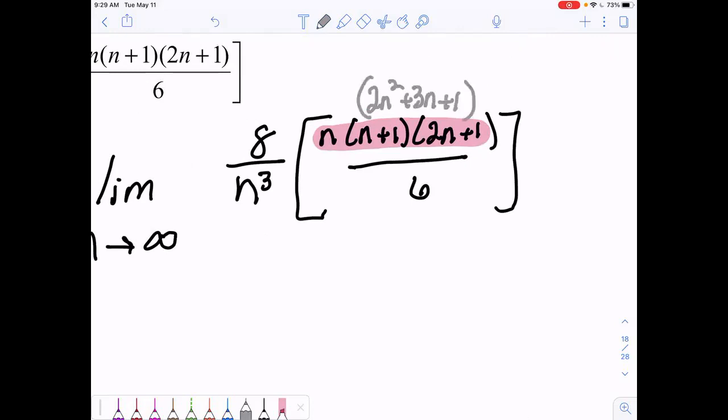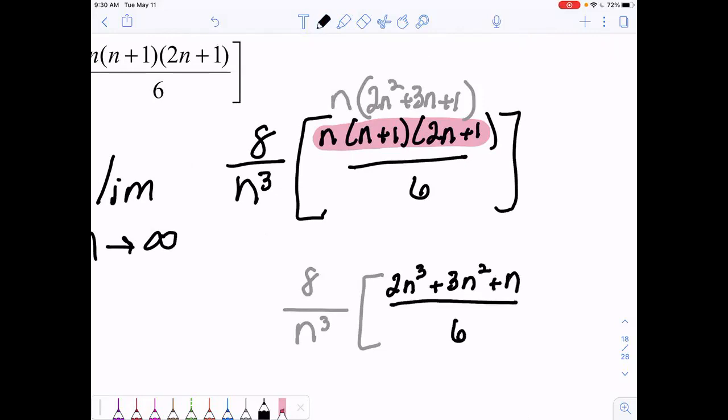So 2n squared plus 3n plus 1, all of that still being multiplied by n. So that means we would have 2n cubed plus 3n squared plus n over 6.